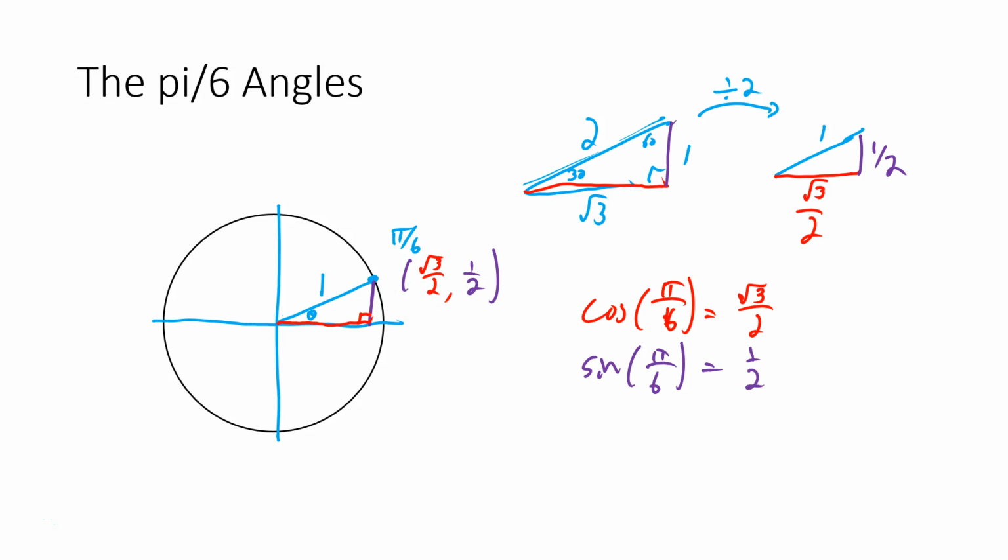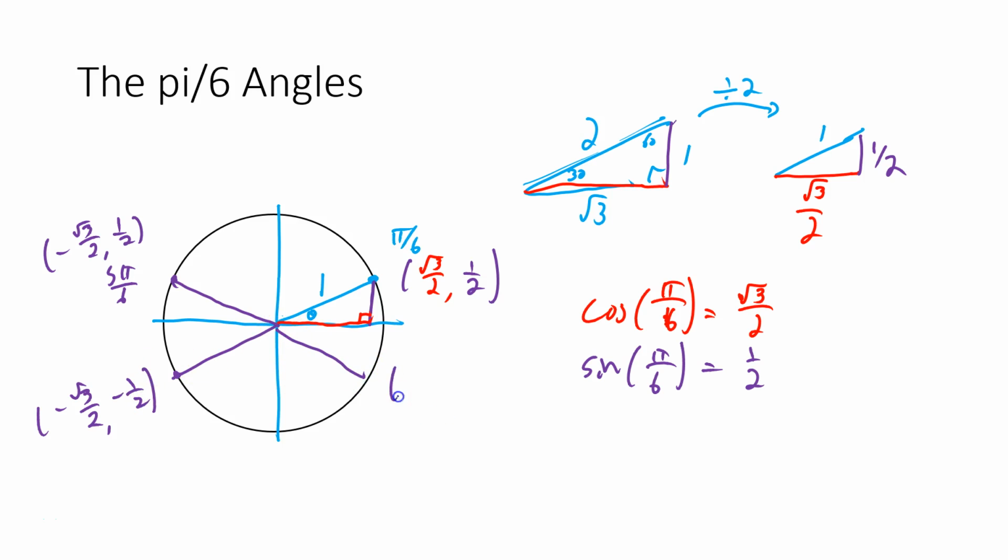Now this basically gives us the rest of the circle, because if we want this value over here at 5 pi over 6, all that's going to happen there is my x is going to be negative, right? Negative root 3 over 2, and then positive 1/2. Down here, we would have negative root 3 over 2 and negative 1/2.